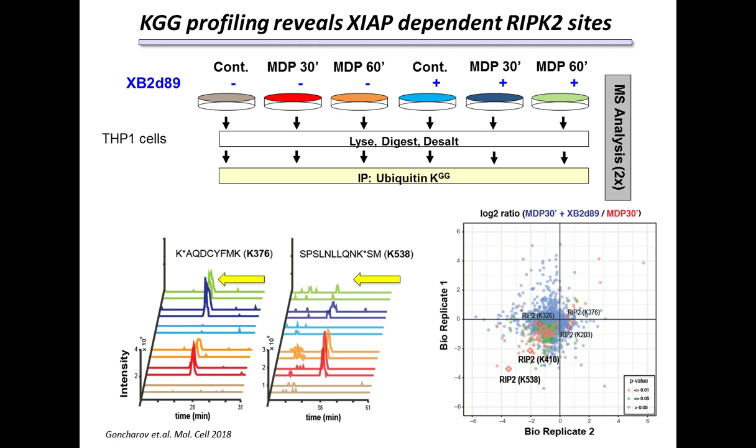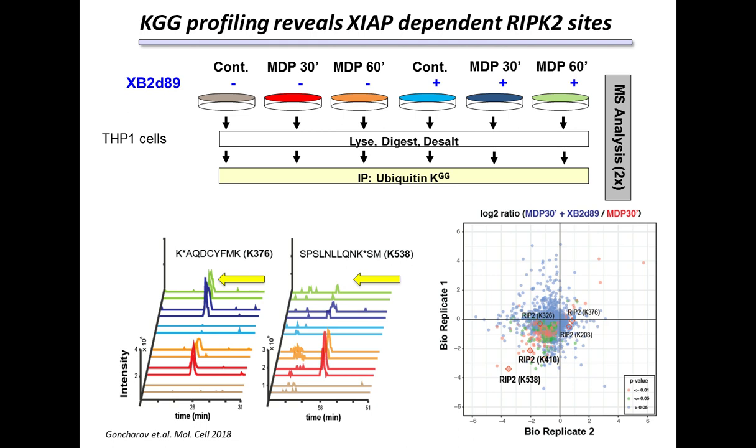And what we saw were a cluster of ubiquitination sites on RIP kinase 2, but those clusters did not respond similarly. On the bottom left, you can see lysine 376 as a representative example of really the ones in the cluster at the center, a site that was inducible by MDP and that was refractory to XIAP inhibition.